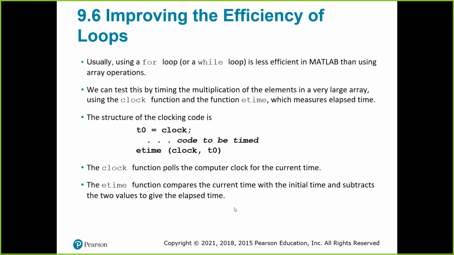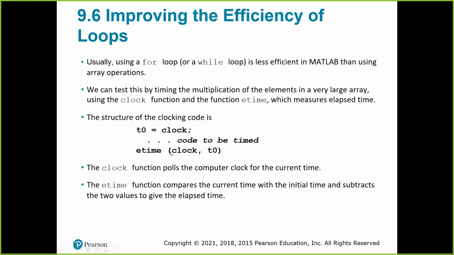Okay, so improving the efficiency of loops: for loops and while loops are less efficient in MATLAB than using array operations. What clock and etime do is, at the beginning of your calculation, you set the computer's clock time to a variable.